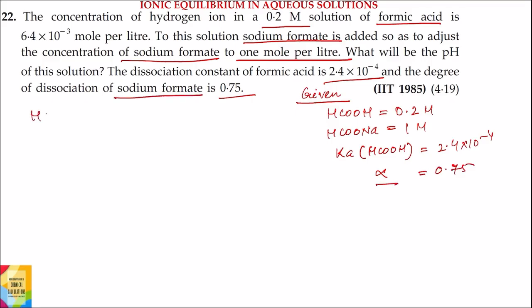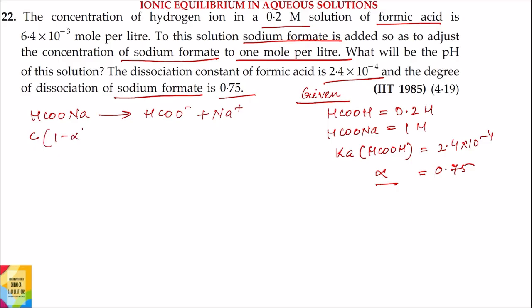So, sodium formate dissociates to give formate ion and sodium ion. If alpha is the degree of dissociation, then at equilibrium, the various ions present and the undissociated sodium formate present will be C(1 - alpha), C alpha, C alpha, where C represents the concentration of the sodium formate.